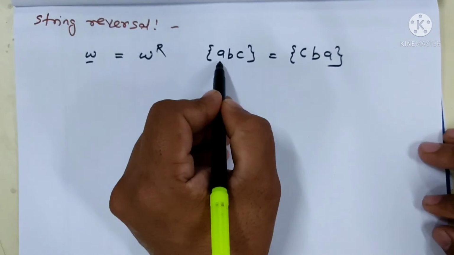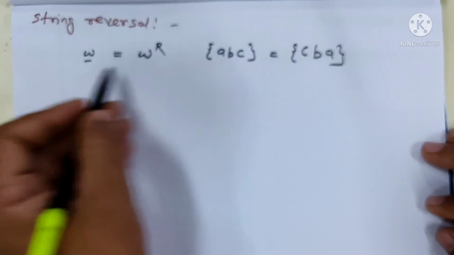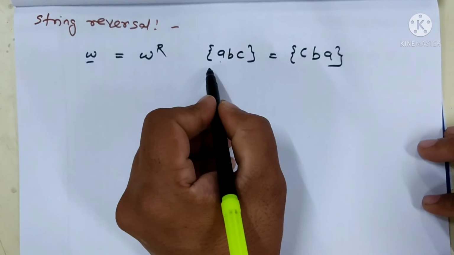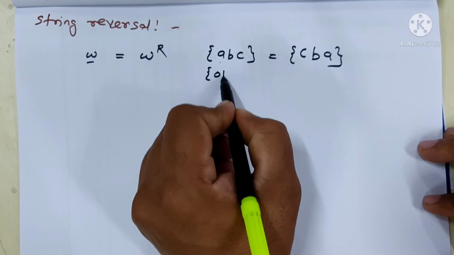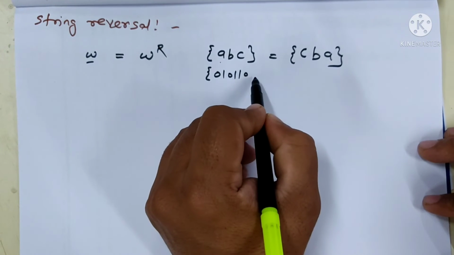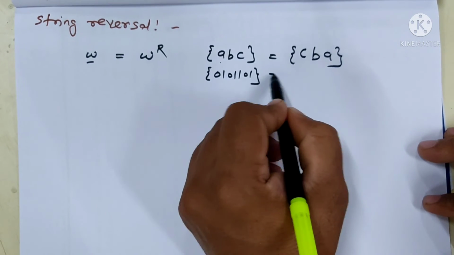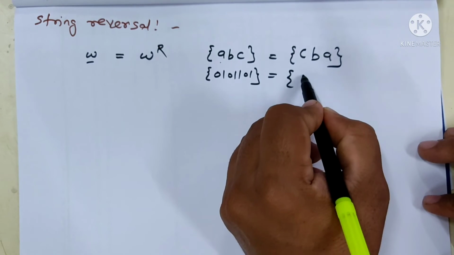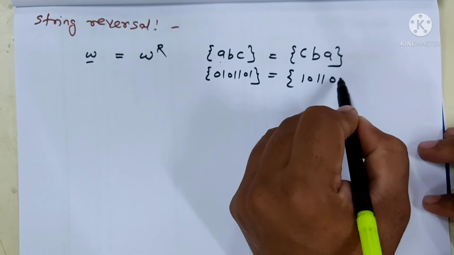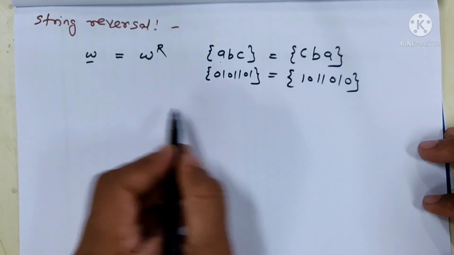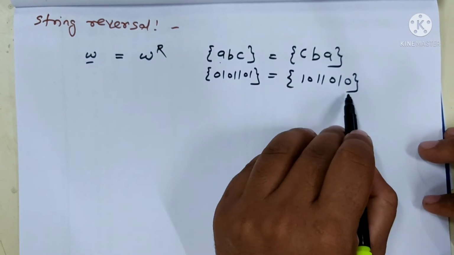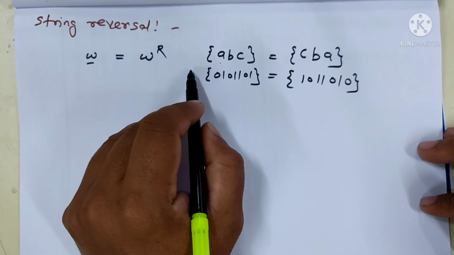Similarly, suppose the string is 010110, then the reverse string is 011010. So this string is reversed into that string, which is the reversal string.